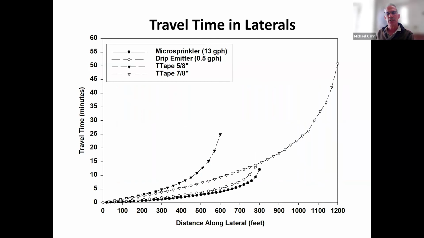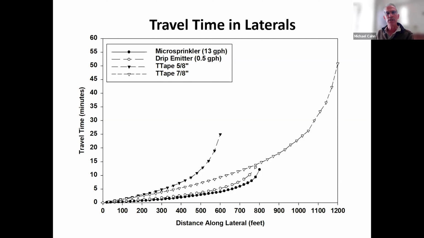And you can see the longer your tape or lateral is, the longer travel time. But also if you have a lower discharge rate, it's going to take longer for it to travel.